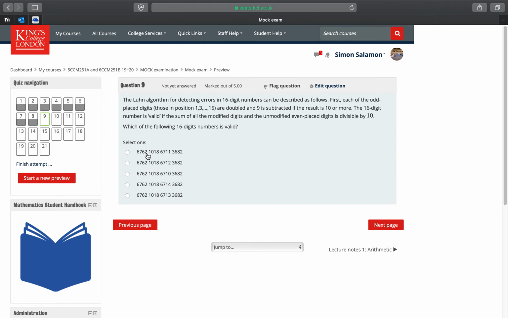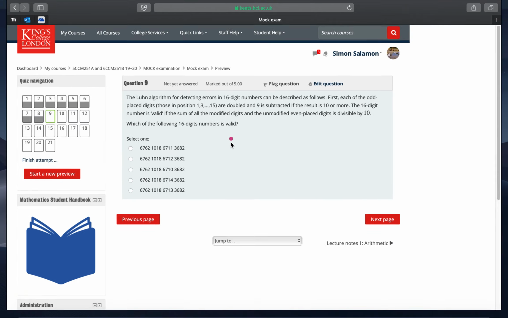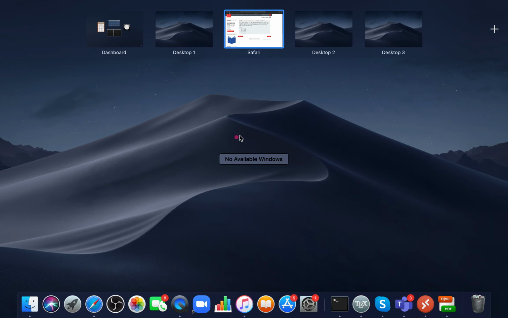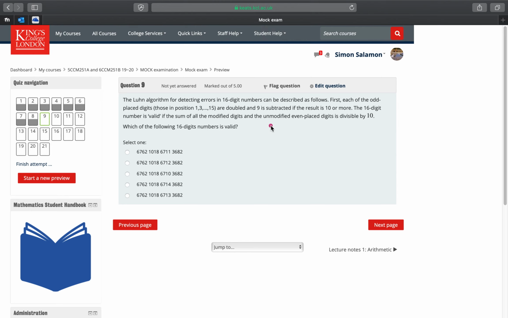So it's 7 plus 2. We only want to see if it's divisible by 10, so I can forget things that add up to 10. So 7 and 2 and 0 and 8, that's 17. And 7, that's 24, 25, 31, 33. So I think the digits we don't modify give 33.